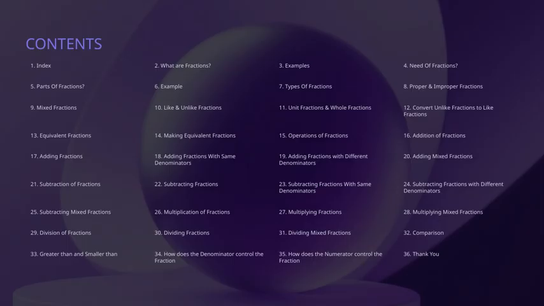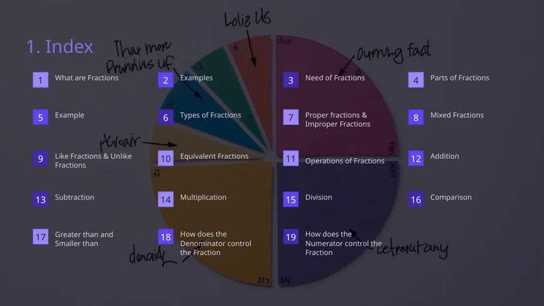So let's get started. Let's take a look at the index to see how our presentation is structured. As you can see, we start with the basics. What are fractions? And then move through various types and operations involving fractions. We'll explore examples, compare like and unlike fractions, and understand how the numerator and denominator control the value of a fraction.